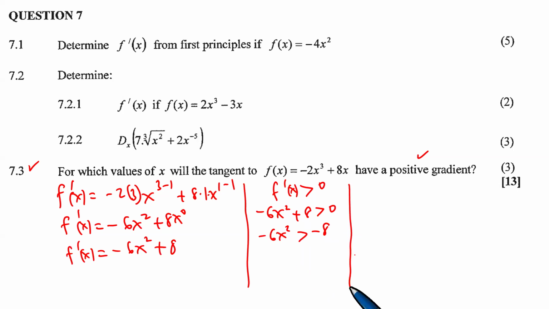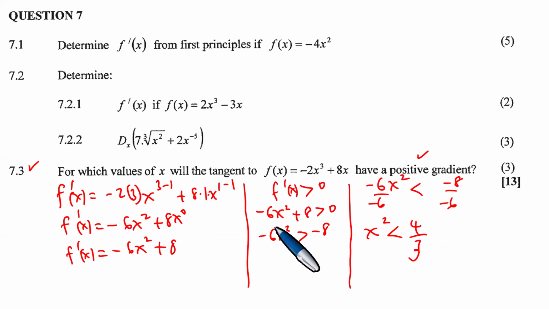So if this is true, then you can divide by minus 6. If you divide by minus 6, then the inequality changes direction. It was greater than, becomes less than, giving us x squared is less than 4 over 3.